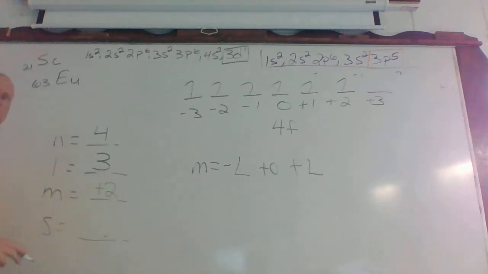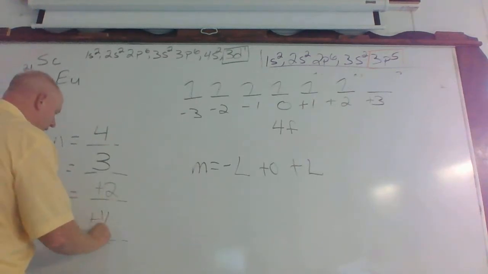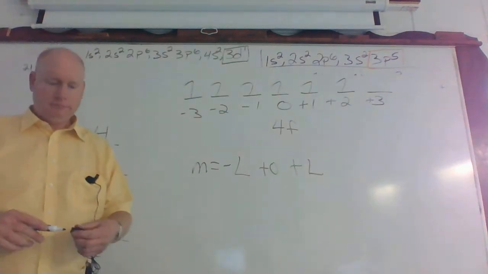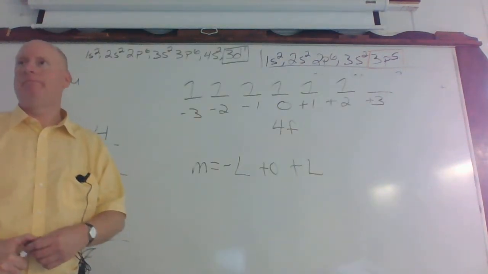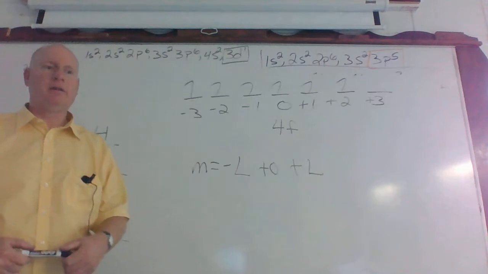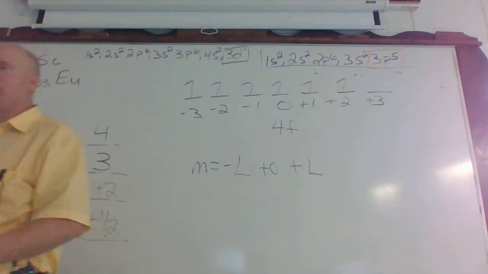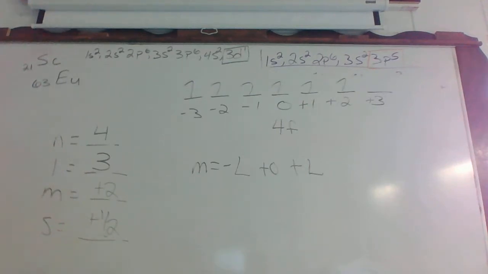It's pointing up. So what do we got? Positive 1/2. Only if you want to get it right, you'll put this. If you want to get it wrong, you can put 0.5. We want the fraction because that's what's associated.